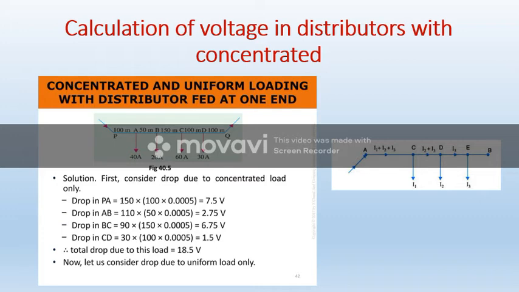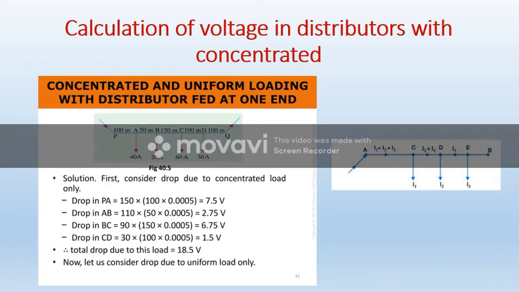Drop in BC equals 90 into 150 into 0.005 equals 6.75 volt. Drop in CD equals 30 into 100 into 0.005 equals 1.5 volt. Total drop due to this load equals 18.5 volt.